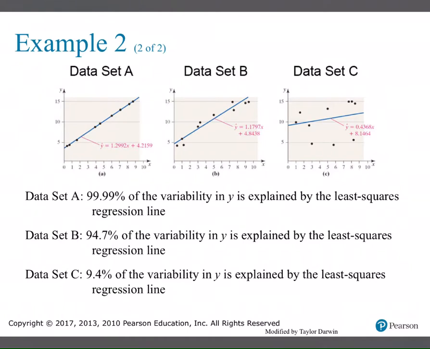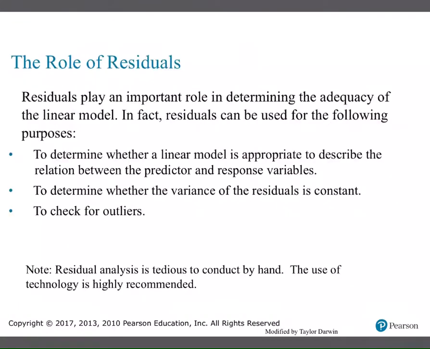In B, the points are a little farther apart, but 94% of the time we can say that x affects y. And in C, it's really spread out, and our r squared was only 9.4%, so we can really only say that 9.4% of the time x affects y, which is not very much.